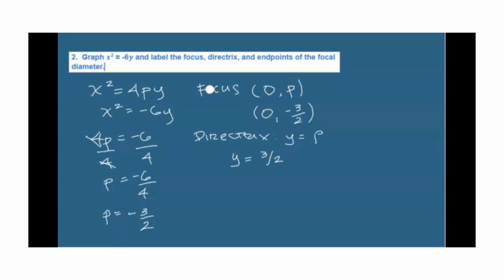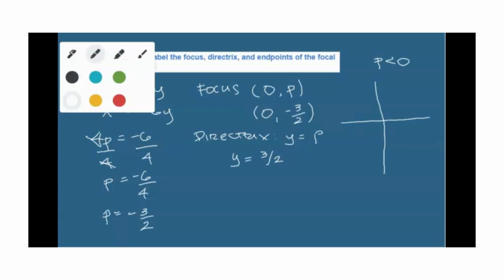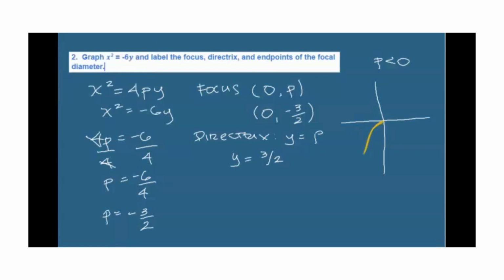And let's sketch the graph. Since we have x squared, this is a parabola that opens upward or downward. And since our p is negative, or less than 0, this parabola opens downward with the vertex at the origin, (0, 0).